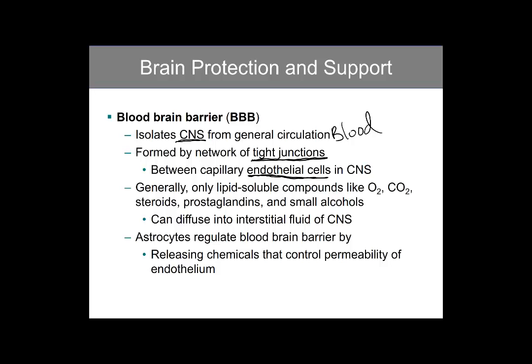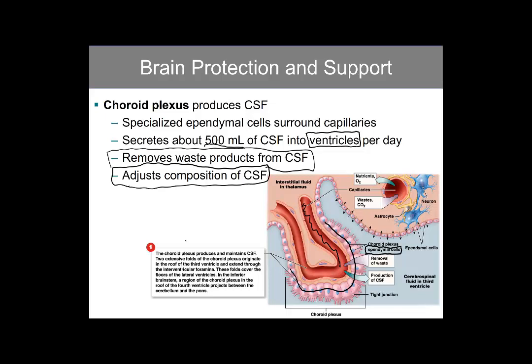You also have help from the astrocytes. Astrocytes, if you recall, are neuroglial cells. They also surround capillaries and help prevent the movement of blood into the neural tissues. We saw an image of an astrocyte, and I'm going to go back a few slides to point that out. Here it is right here.